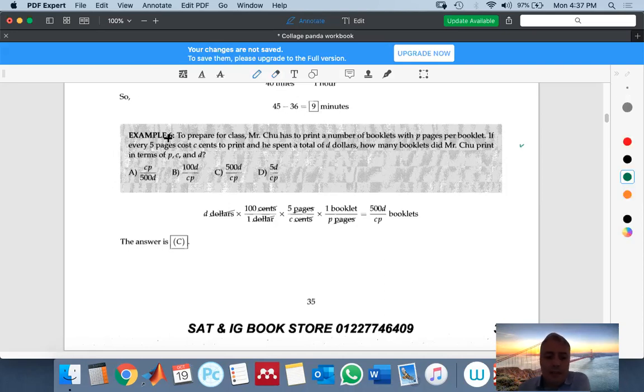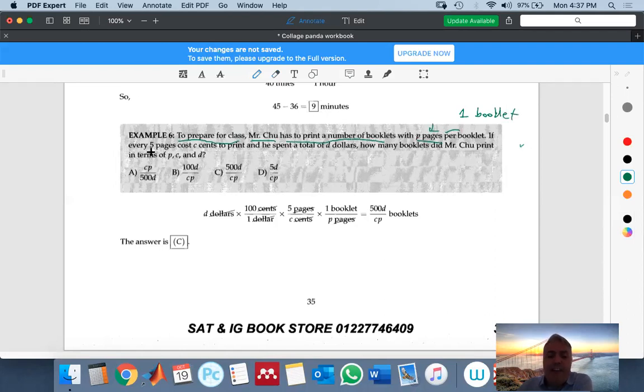So let's do it. To prepare for class, Mr. Chu has to print a number of booklets with P pages. So the keyword here is pages. How many? P per booklet. So per means for one booklet, P pages.